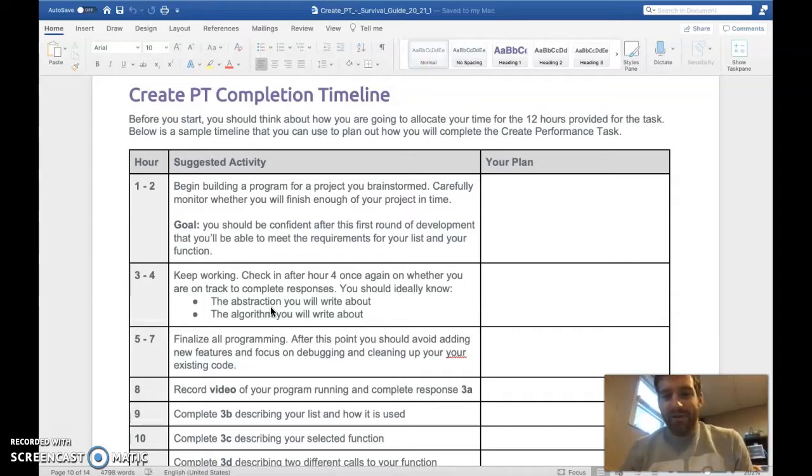And then an algorithm is going to be a sequenced code that also solves a problem. To me, some of these terms can overlap quite a bit. To me, they mean more or less the same thing. You would use an algorithm as an abstraction and vice versa.